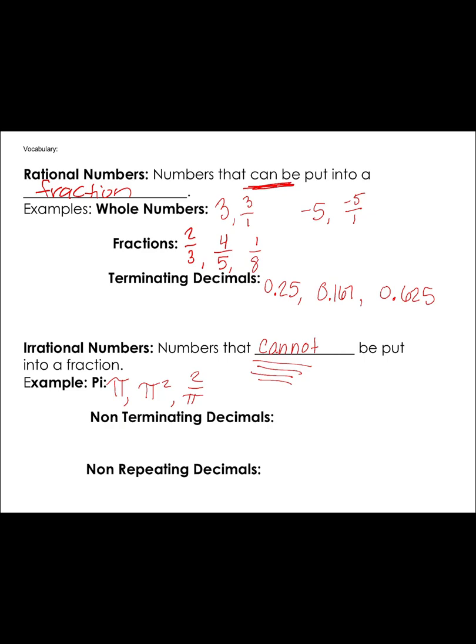Non-terminating decimals, these are decimals that don't end. So an example would be pi, that 3.14 number that keeps going on forever and ever and ever.